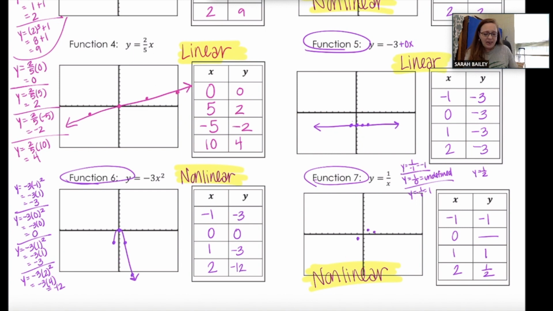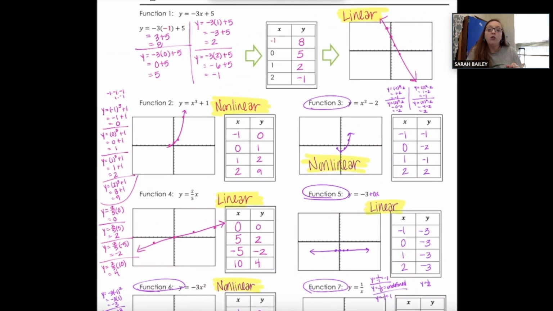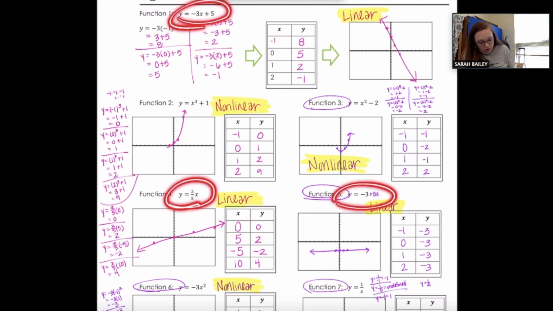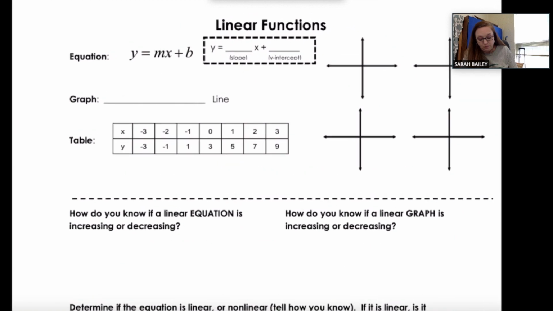So in looking at the types of functions that were linear, hopefully you notice a pattern. They're all going to be in that y equals mx plus b form. So function 1, function 4, and function 5 were my linear functions, and they can all be written in slope-intercept form, which brings us to our next page.